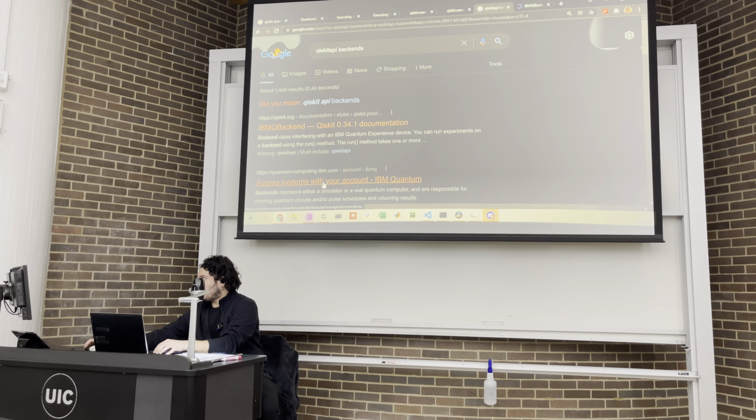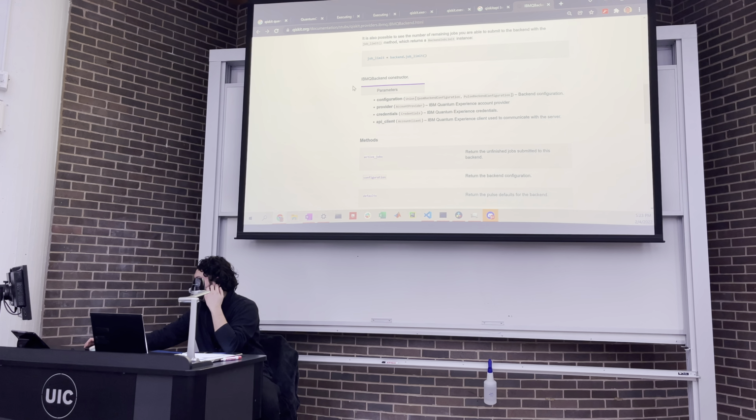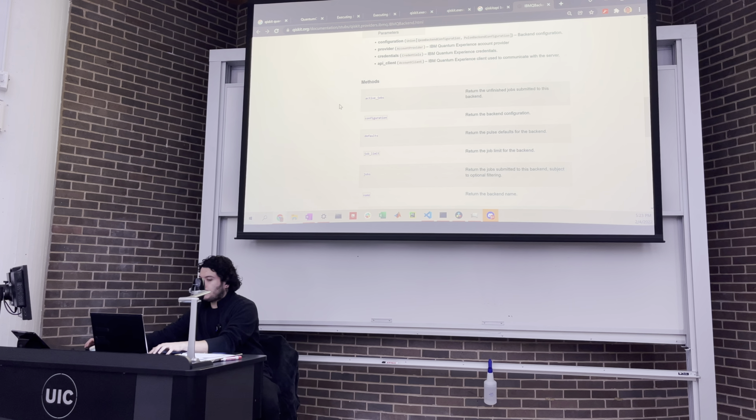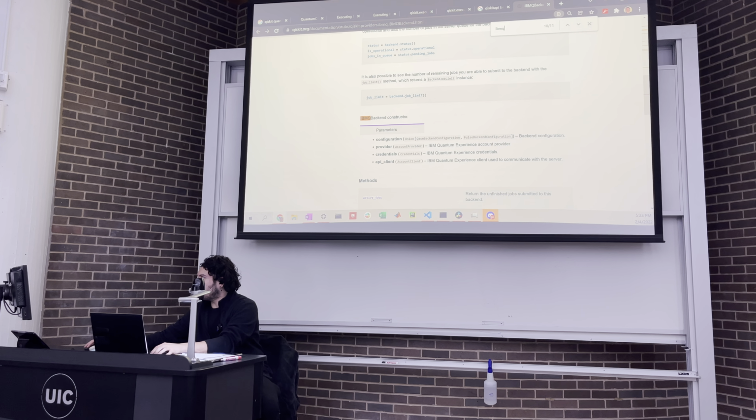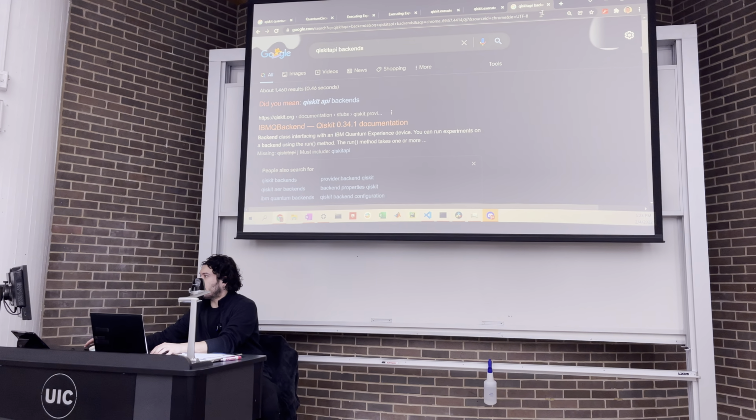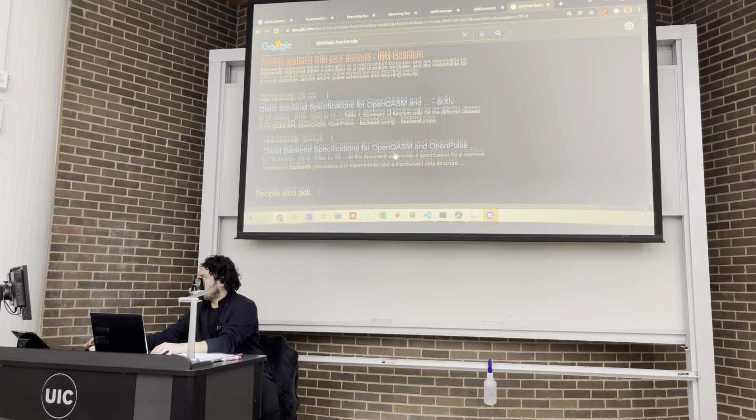This might take more time than I think, because offhand I don't remember IBM Q. I don't remember looking this up beforehand today, so it would take some digging, more than just surface level.